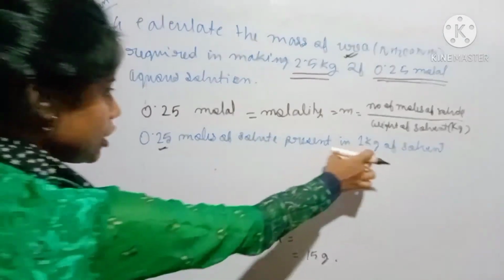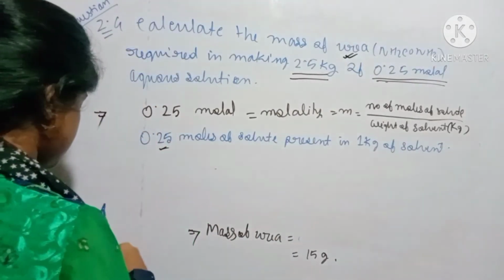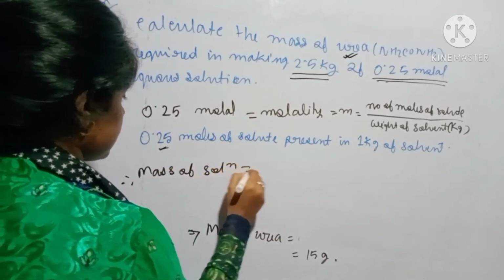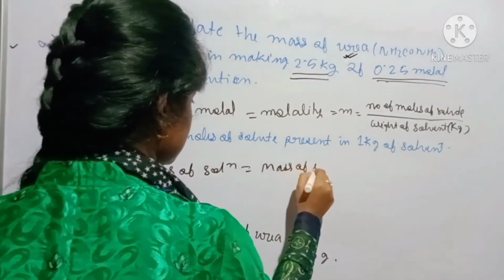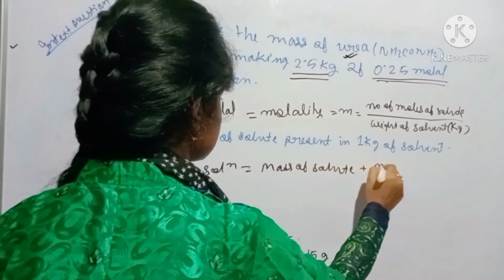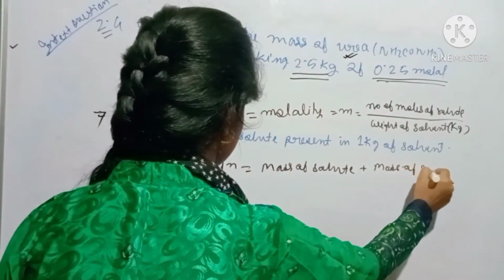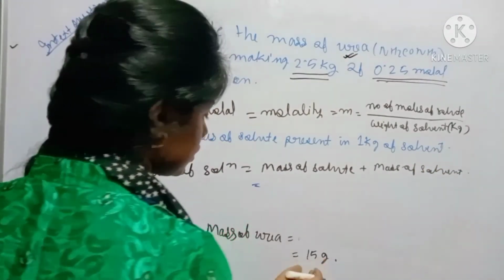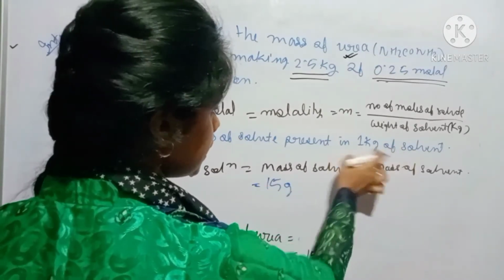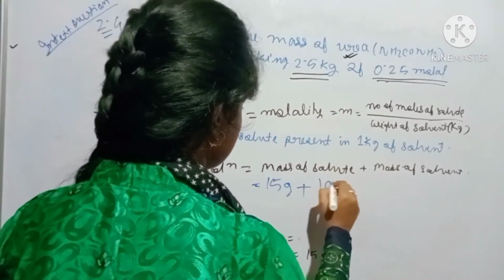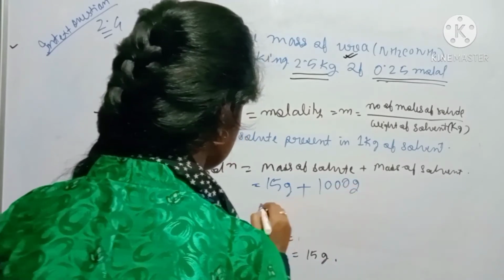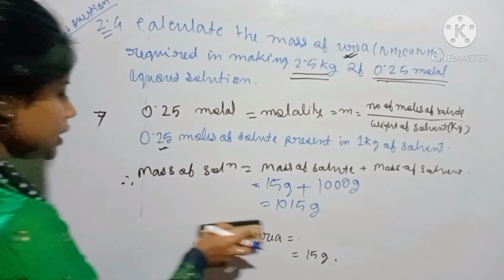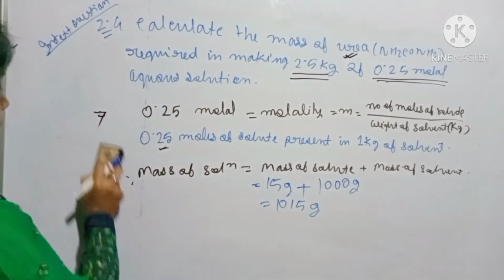The mass of solvent is also known, so mass of solution equals mass of solute plus mass of solvent. The mass of solute is 15 gram and the mass of solvent is 1 kg. We should convert it to gram, then it will be easy: 1015 gram. So we calculated the mass of solution.